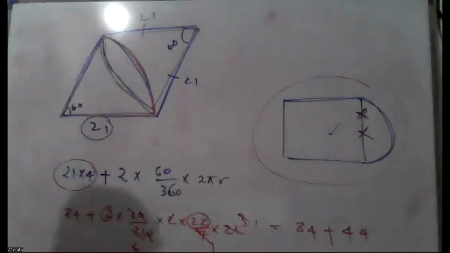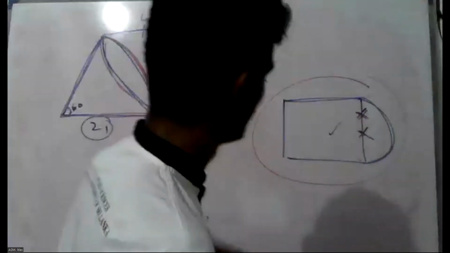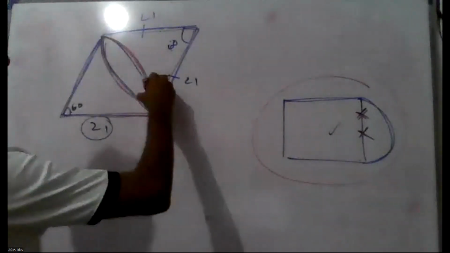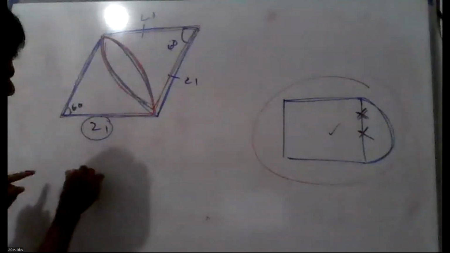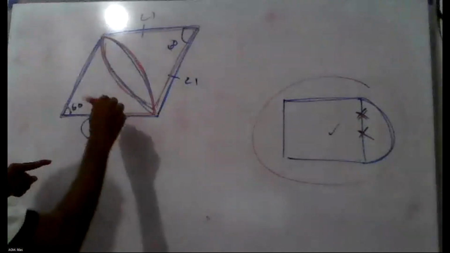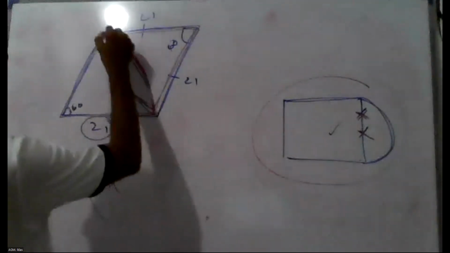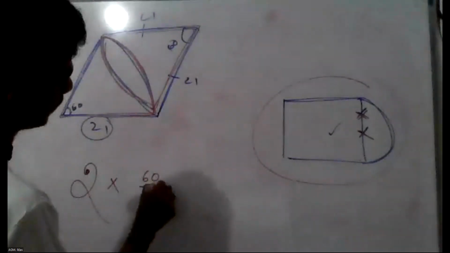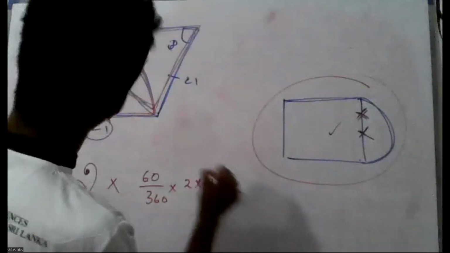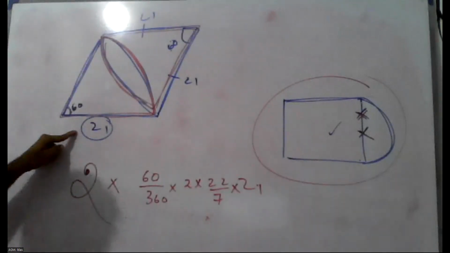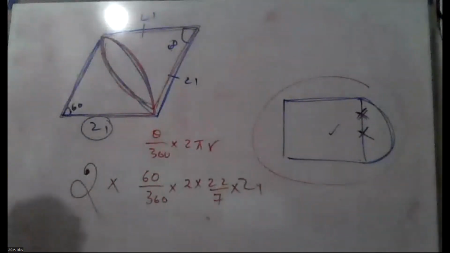Otherwise, I can do it in this method as well. I hope you have understood this method. So this is one sector. This is one sector. I have another sector like this. So I am going to multiply by 2 because I have two similar sectors. 2 into the arc length of one sector, which is 60 over 360 into 2 into 22 by 7 into R, where R is 21. So theta over 360 into 2 pi R. Okay.